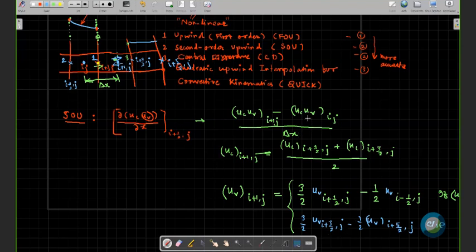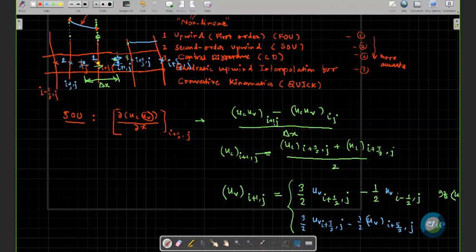Similarly, you can do for this ij. If you are talking about ij, then these 2 points will come when the value at this is negative, and the other 2 points will come when you have, so I minus half, so I minus 3 by 2 comma j.